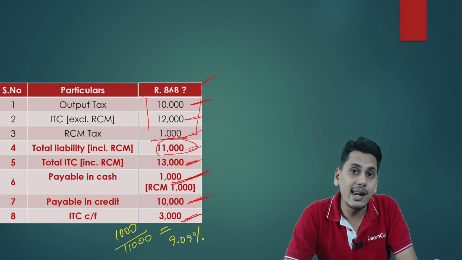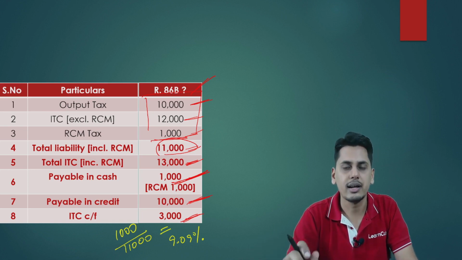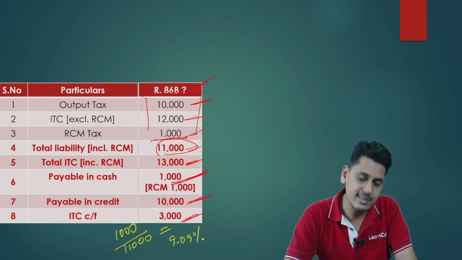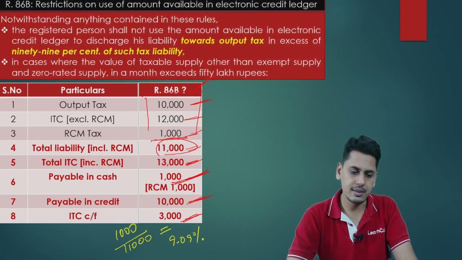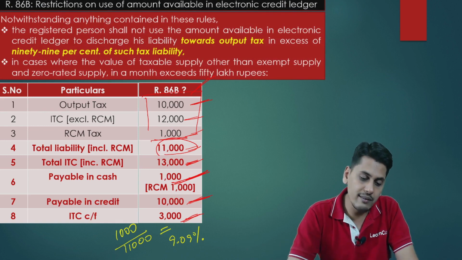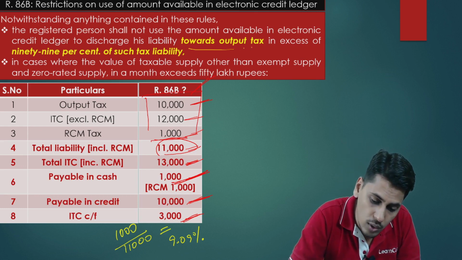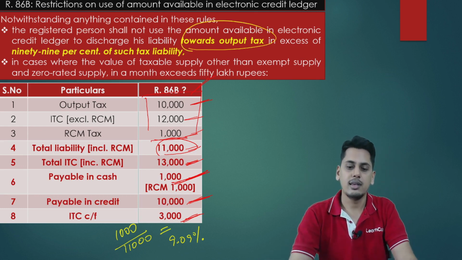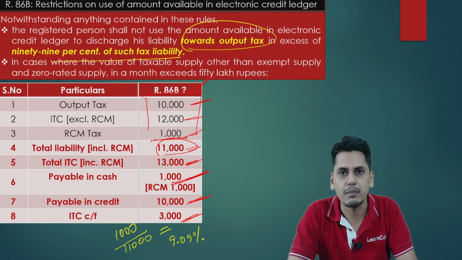Have I validly complied with Rule 86B correctly? Friends, let's have a look at Rule 86B. What does it tell us? It tells us that the registered person shall not use the amount available in the electronic credit ledger to discharge his liability towards output tax in excess of 99% of such tax liability.